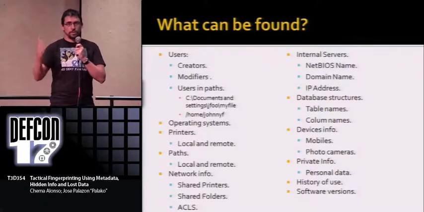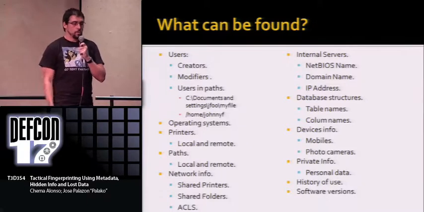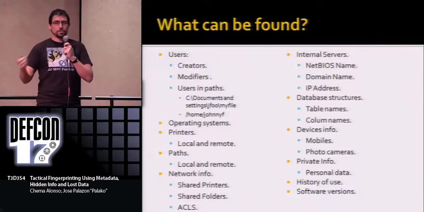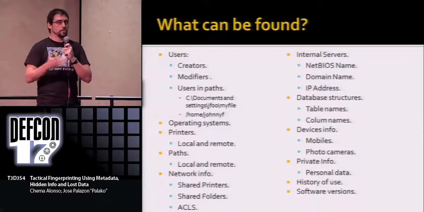So we have plenty of information about the users of the internal network in the documents. We have operating systems, we have printers, both local printers and remote printers. From the paths, we have a lot of information about internal servers, NetBIOS servers. We know the protocols that they are using for printing and for sharing files.